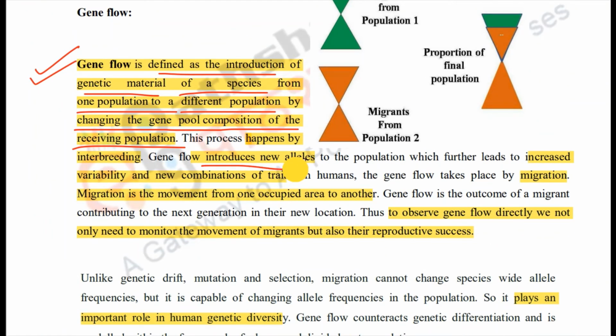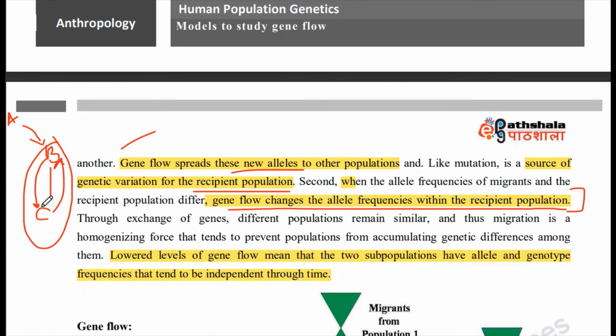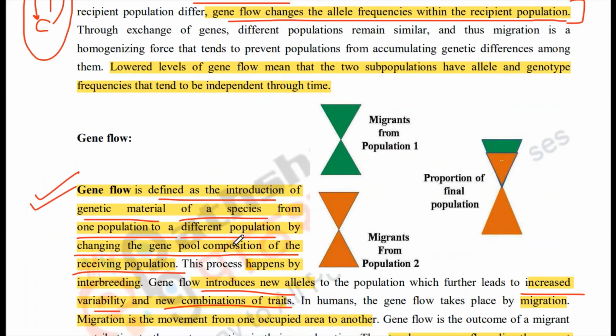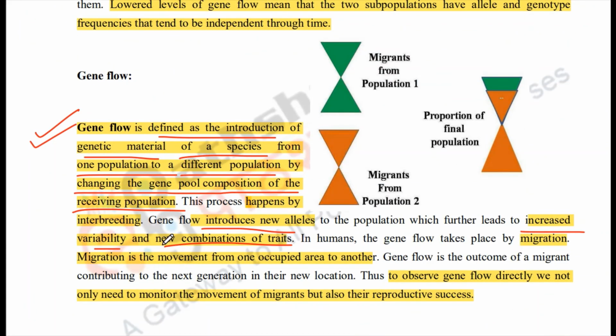It introduces new alleles to the population, which further leads to increased variability, increased differentiation, and new combinations of traits. So when we have genotypic variation, we have genetic differentiation. It is expressed in terms of phenotypic traits, phenotypic characters. So therefore there will be different combinations of traits coming up.